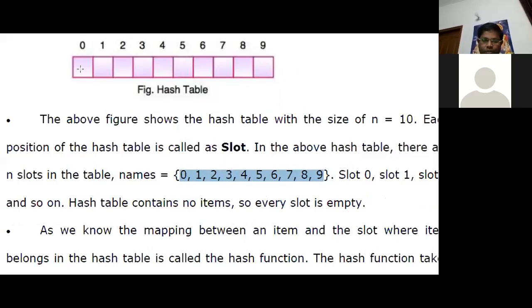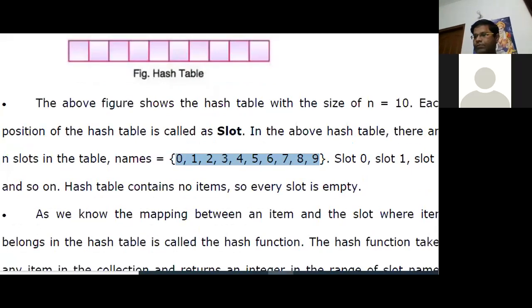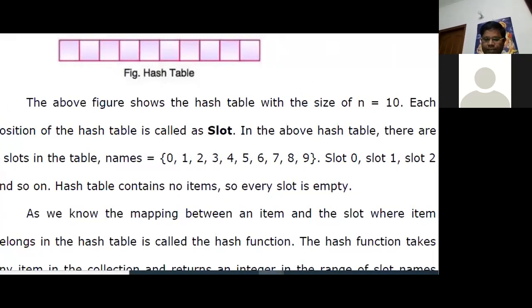And 0 means slot 0, 1 means slot 1, 2 means slot 2, and so on, 9 means slot 9. The mapping between an item and the slot where the item belongs in the hash table is called the hash function. So let's take an example.